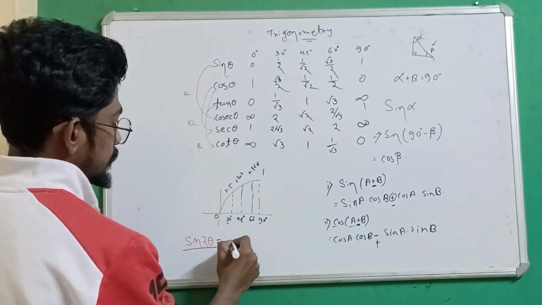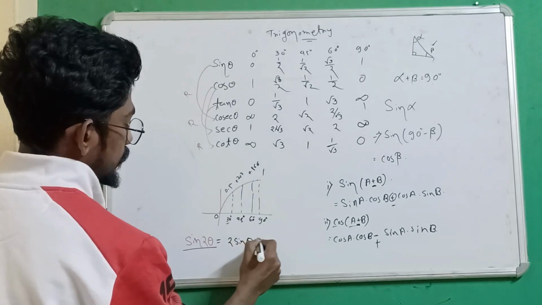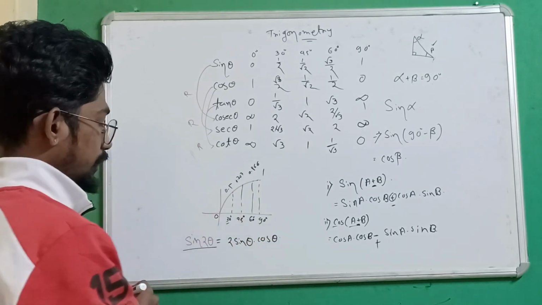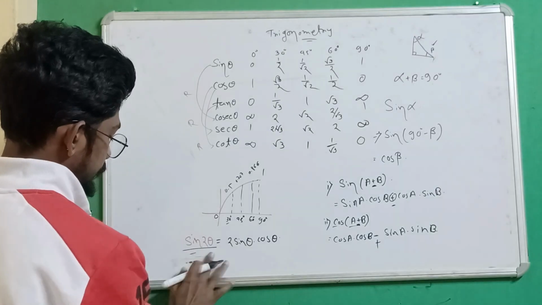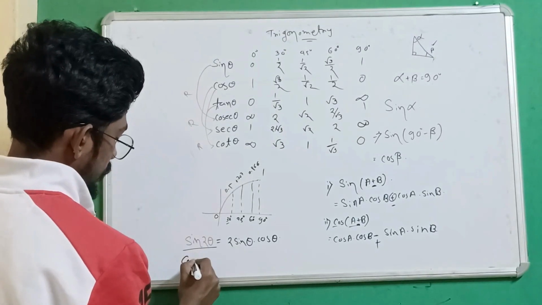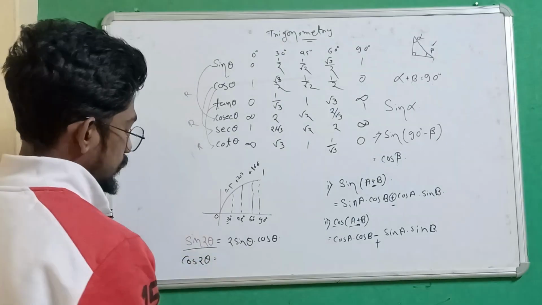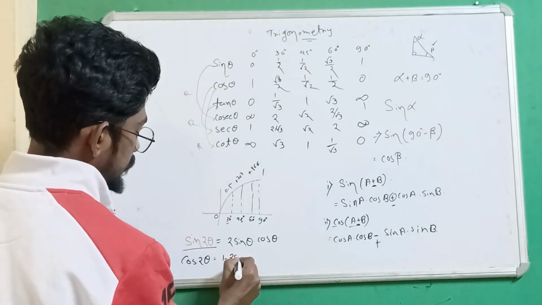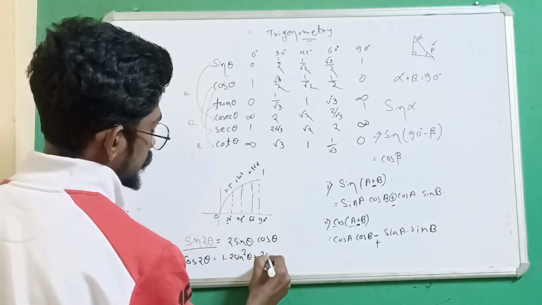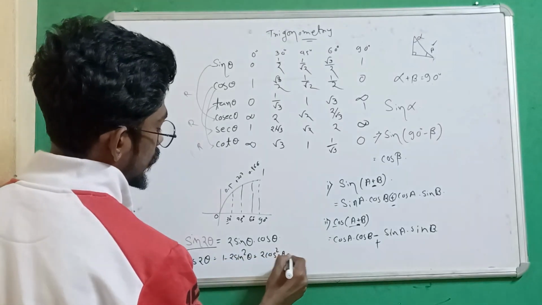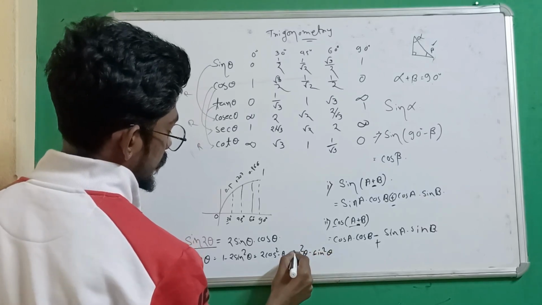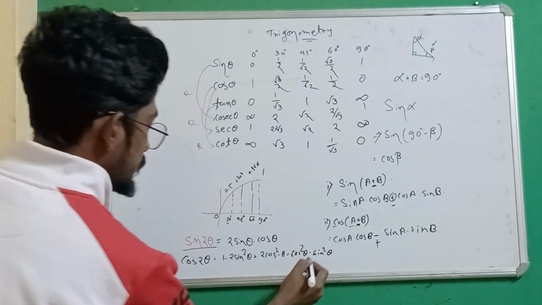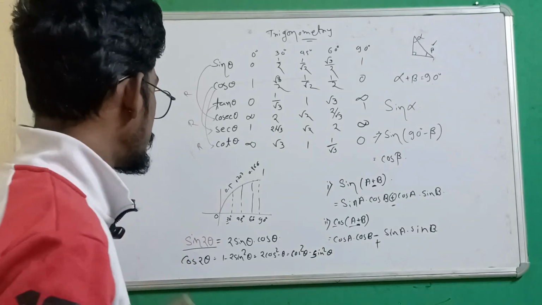So sine 2 theta means 2 sine theta cos theta. Similarly, cos 2 theta means 1 minus 2 sine squared theta, or 2 cos squared theta minus 1, or cos squared theta minus sine squared theta. These three are the formulas of cos 2 theta.